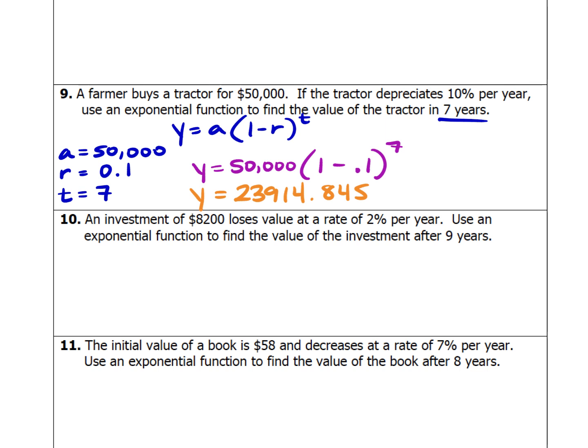Right? Is that what you got? Did you get that? No? Are you plugging it in? Oh, you did plus. Right, this is depreciate, so you want to do minus.